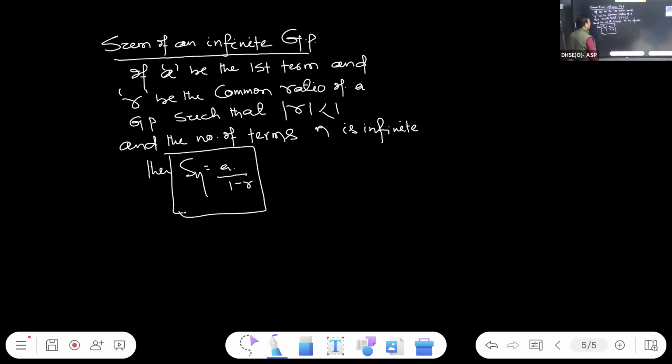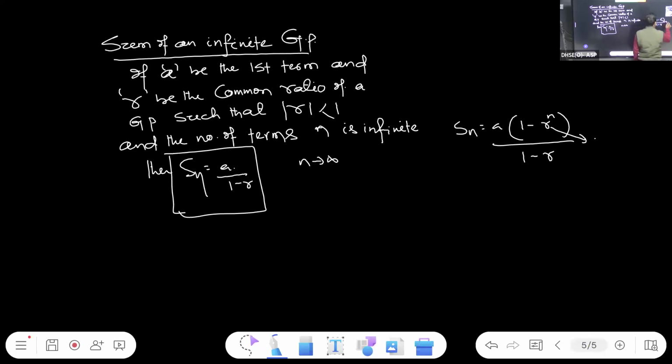If A be the first term and R be the common ratio of a GP such that mod R is less than 1 and the number of terms N is infinite, that is N tending towards infinity, right? So the sum of N terms of a GP, the formula is Sn is equal to A into (1 minus R to the power N) upon 1 minus R. If the value of R lies in the interval minus 1 to 1 and N tends towards infinity, then R to the power N approaches 0.